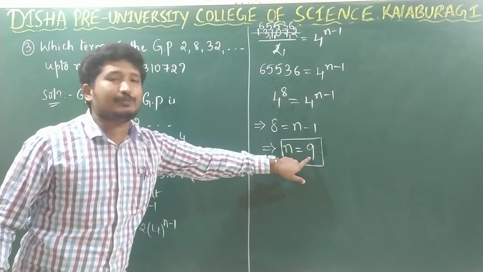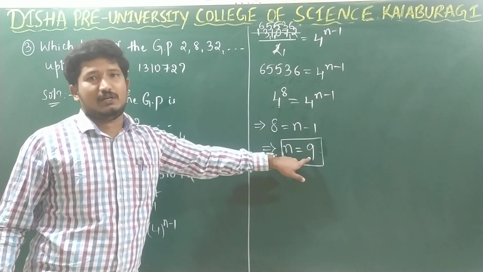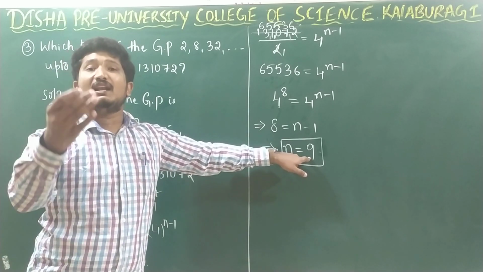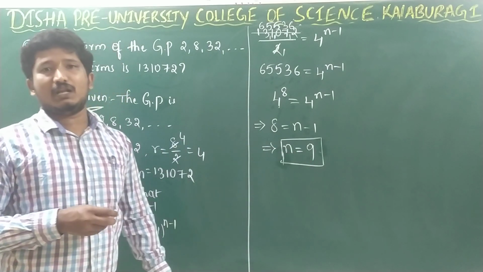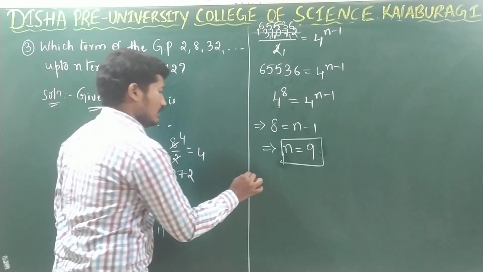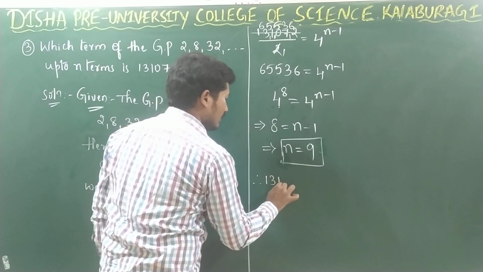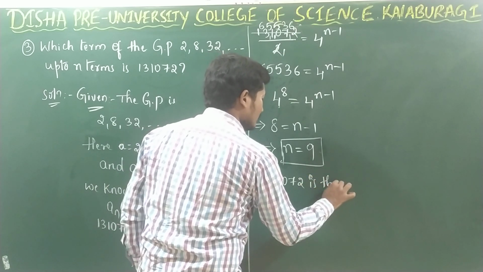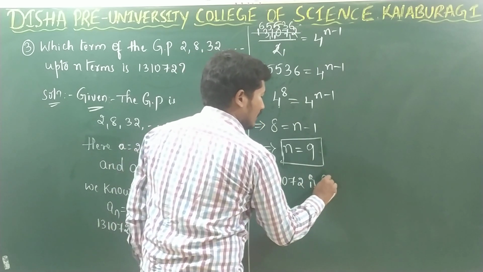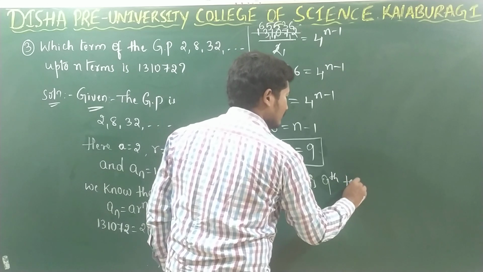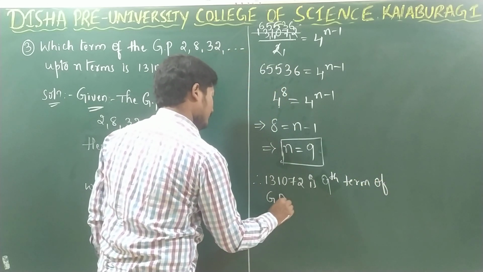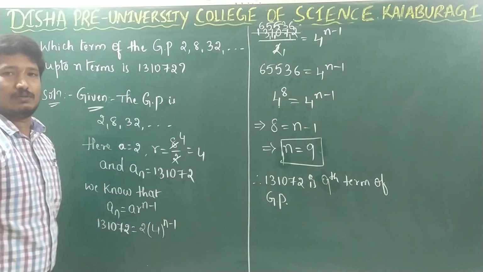At the 9th position the given term is present. At the 9th position means it is the 9th term of the geometric progression, right? Therefore 131072 is the 9th term of the GP. So I hope you understood this.